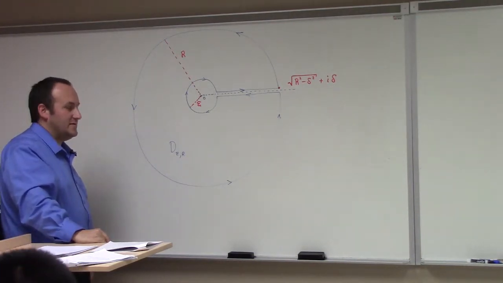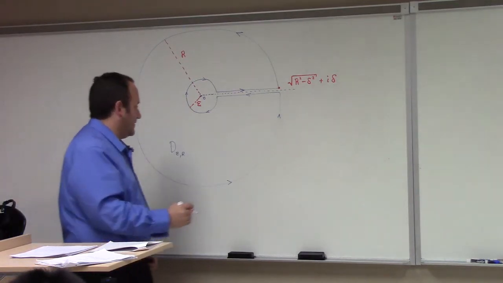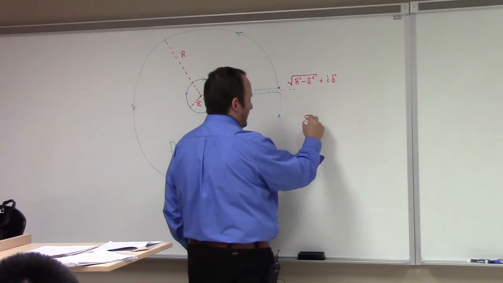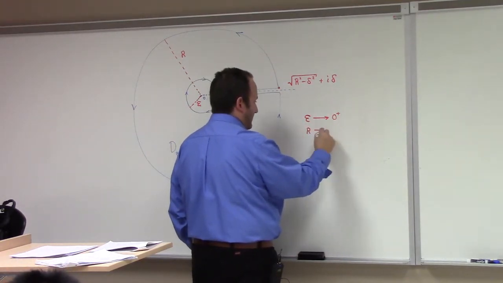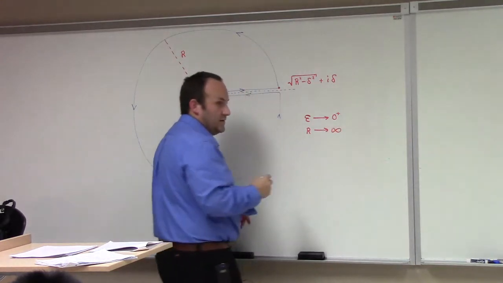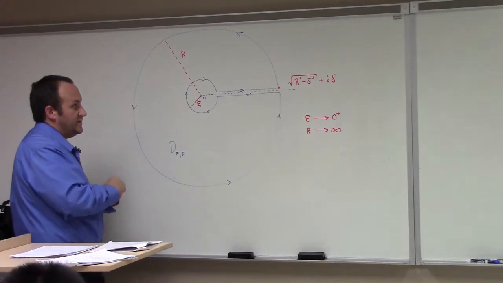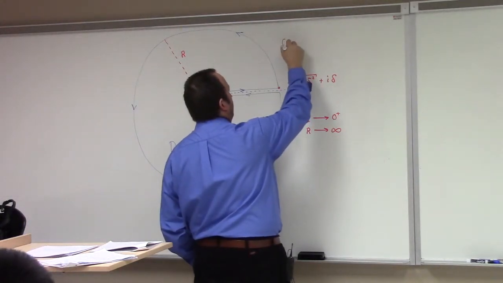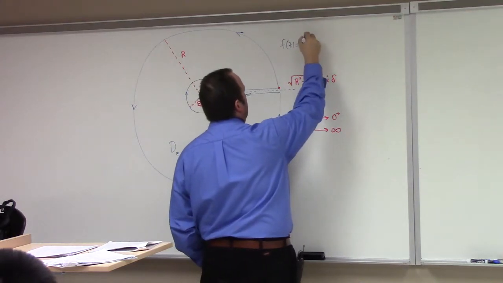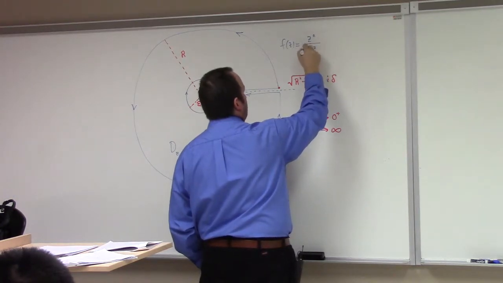But anyway, these kinds of nuances get washed away in the limit we're going to eventually consider, which is epsilon going to 0, of course, from the right, and r going to infinity. This is what we're after. And the reason we were looking at this is because we were looking at the function f of z equal to, what was it, z to the a over 1 plus z squared.